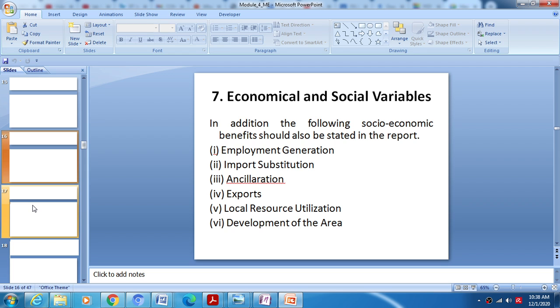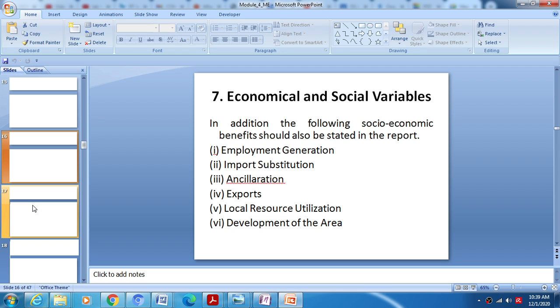The next one is ancillation. Whenever a larger project is started, many smaller industries get benefited. Ancillation, or ancillary industry, means the supporting industries. They provide the raw materials and the required tools for the larger projects that are established nearby.